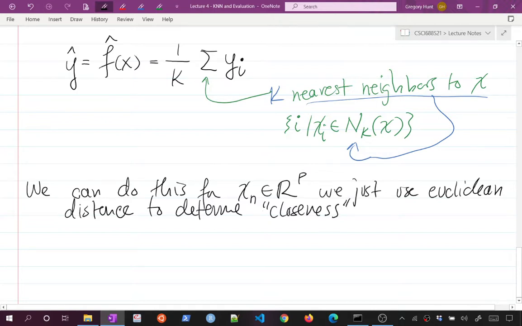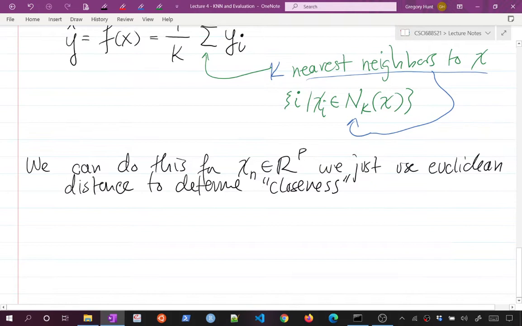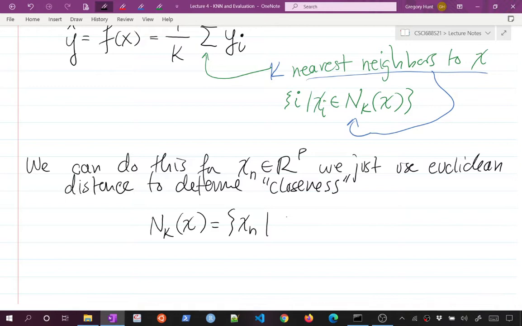There are, as you might imagine, many variations on this algorithm. We might talk about some later in the course, or you can switch to other kinds of distances, maybe not Euclidean. The k neighborhood of a point x is the training data points such that, well, this is really cumbersome to write, so let's not even write it out.